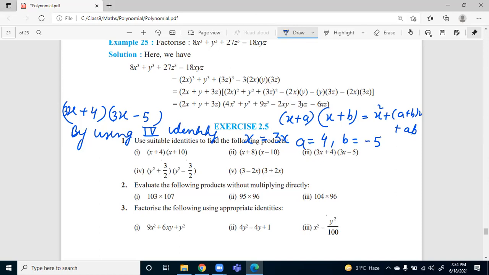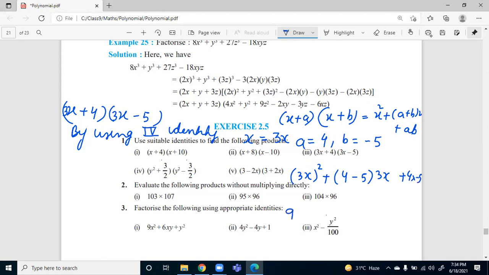So if I substitute the value of x as 3x, (3x) square plus (4 minus 5) into 3x. Okay, a little mistake happened. The second term was wrong, there should be 3x. Plus a into b, that is 4 into minus 5.